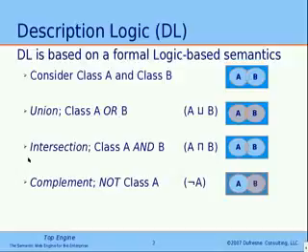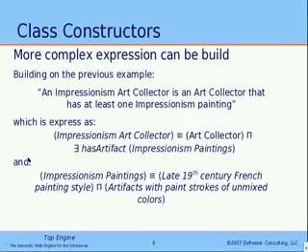Description logic is based on a formal logic-based semantic, and in the case of OWL, we looked at the six class descriptors that are available for building complex classes as expressions of other classes.